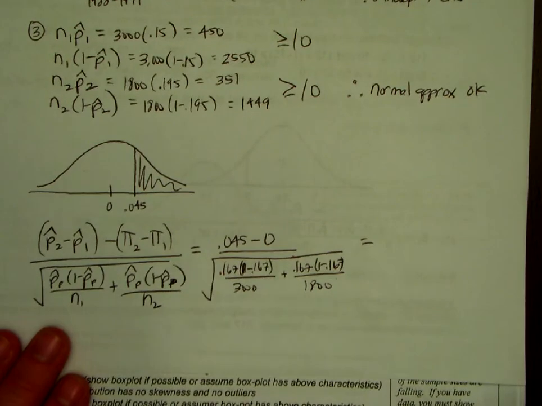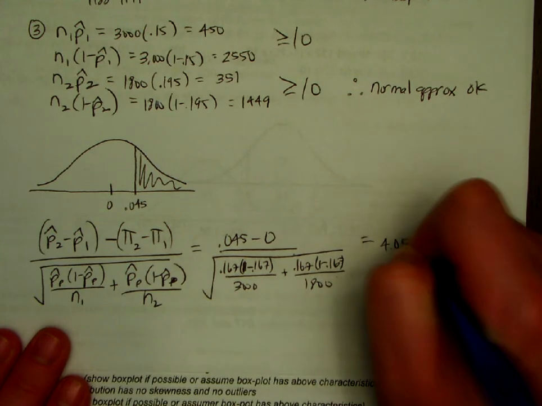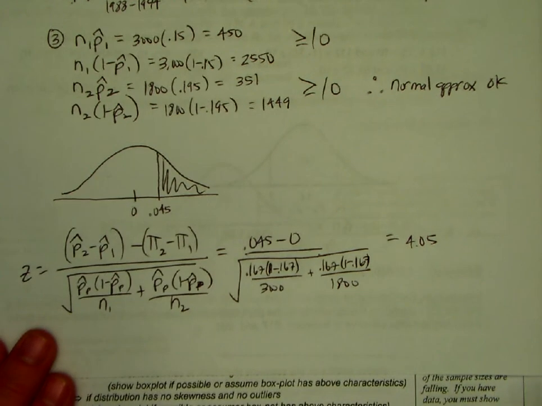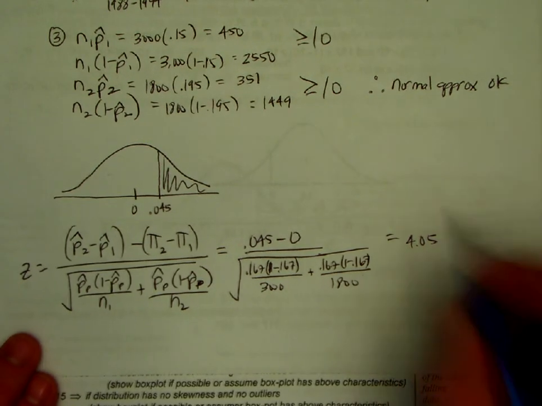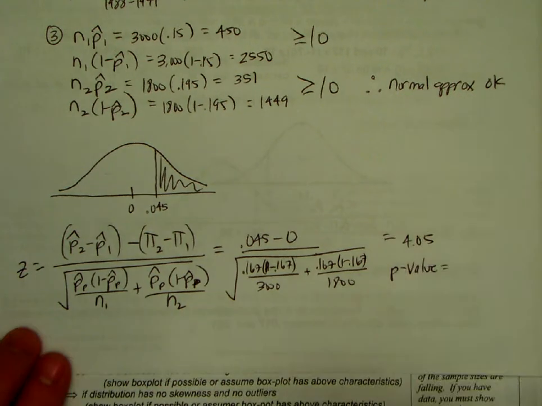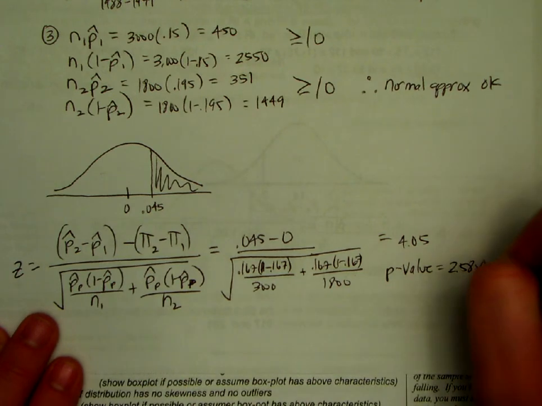So I'm going to copy those numbers down. Z is 4.05. Whoa, I didn't even write it. Bad me. You should be writing Z equals. Please don't forget that. The p-value is 2.58 times 10 to the negative 5th. This is a small p-value situation.